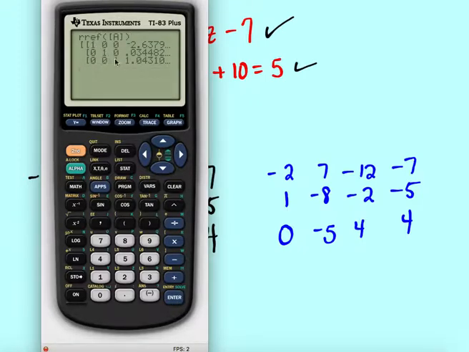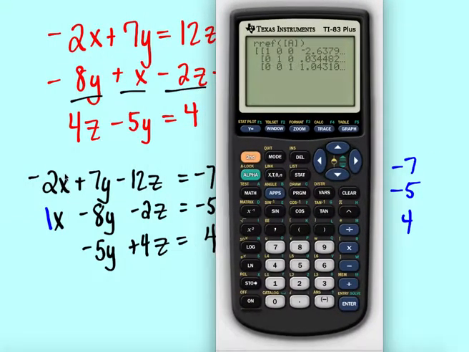Notice you've got 1, 1, 1, and zeros everywhere else in this part, and over here are your answers. So how this works is whatever you had in this column is the answer. Whatever you had in this column is the second number, and the third column is the third number.